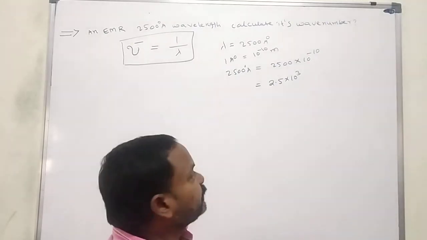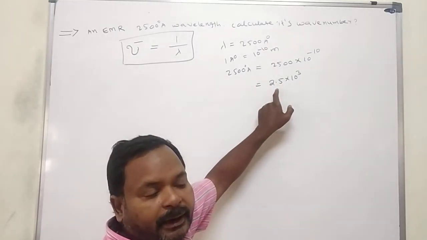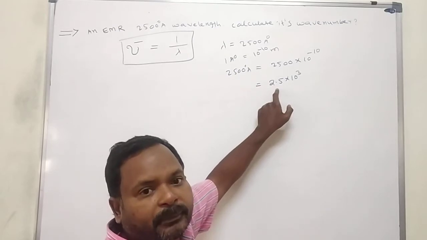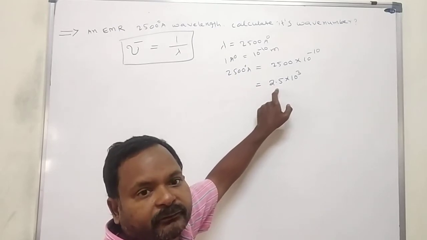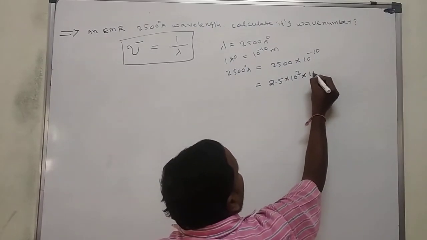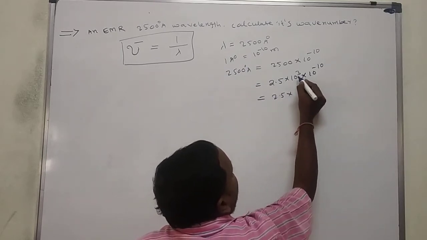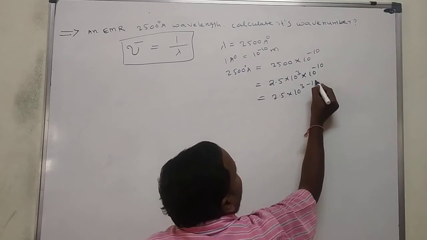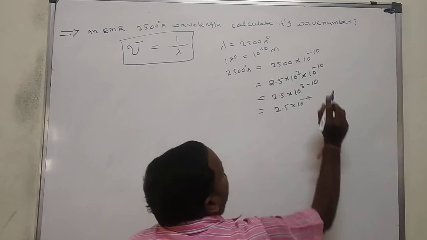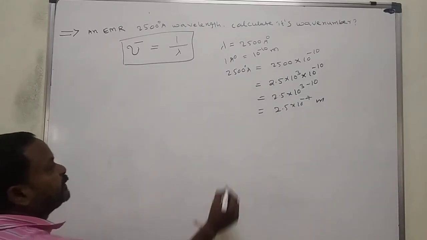In scientific notation, the number N should be between 1 and 9.9 only, and 25 is not in that range. So 2.5 into 10 to the power of 3 into 10 to the power of minus 10 is 2.5 into 10 to the power of minus 7 meters. That is the lambda value.